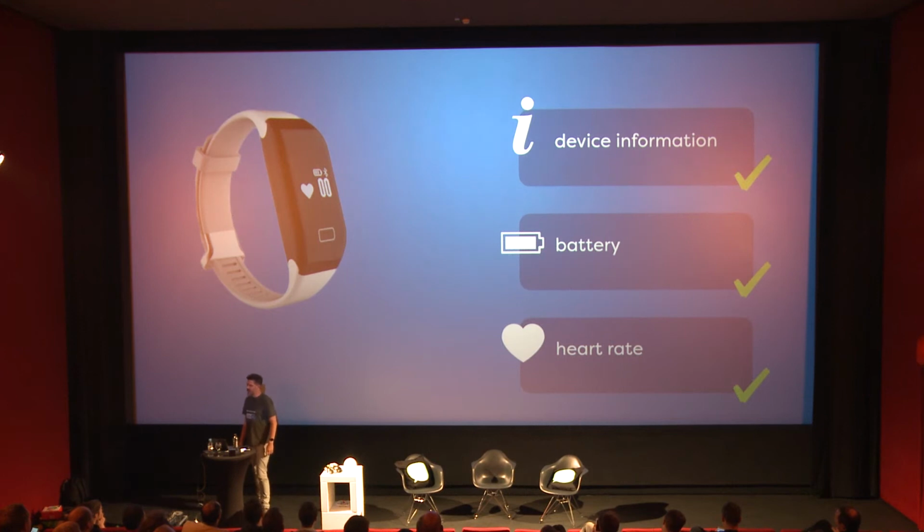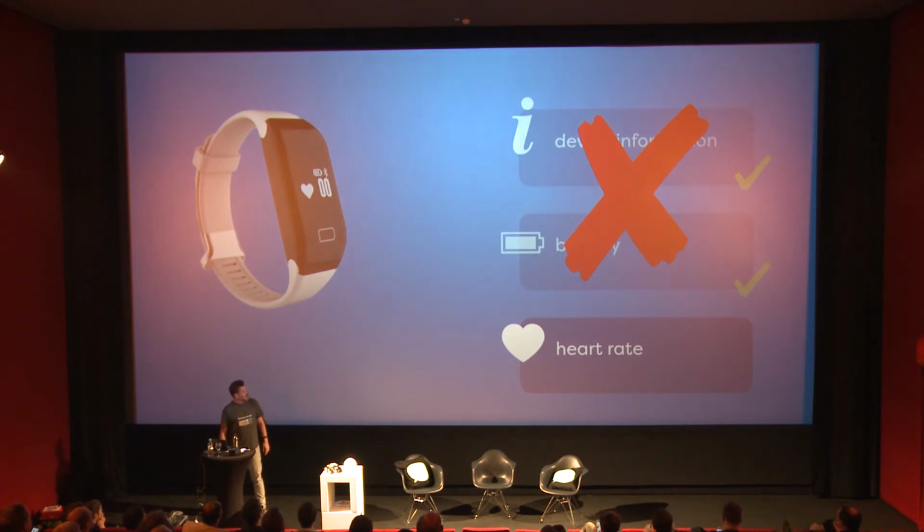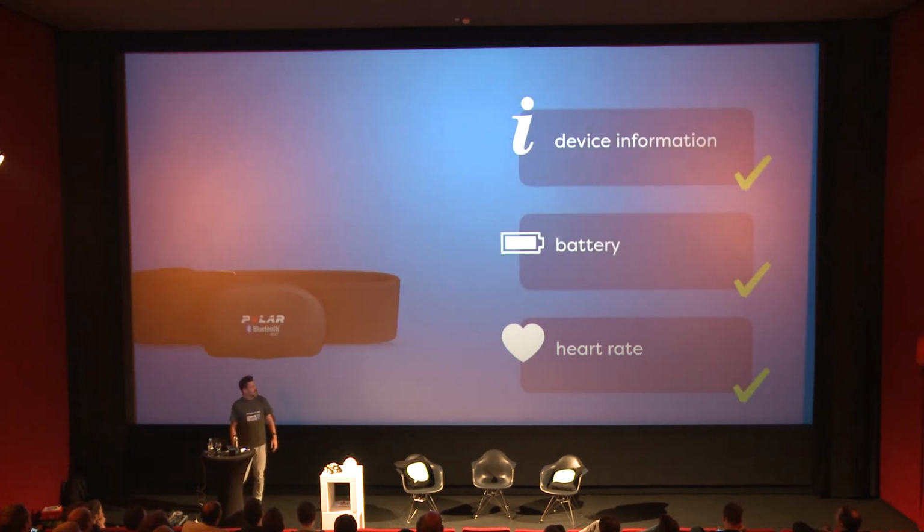But of course, with all those cheap Chinese devices, not all things are logical, and they don't always have device information or battery, and sometimes heart rate. Well, they just invent their own standard. A little bit more expensive one, the one I just wore, does have all the standard services.